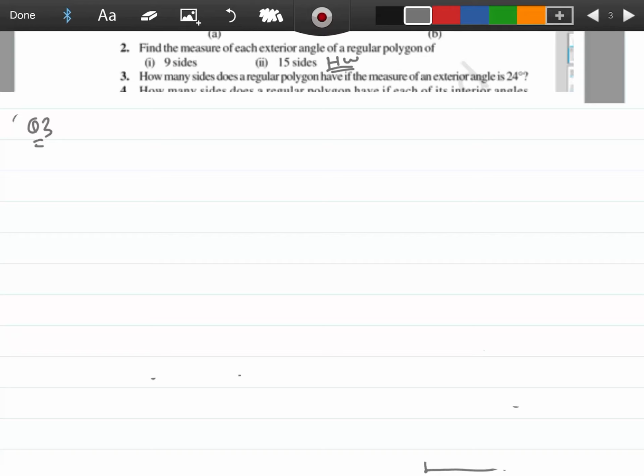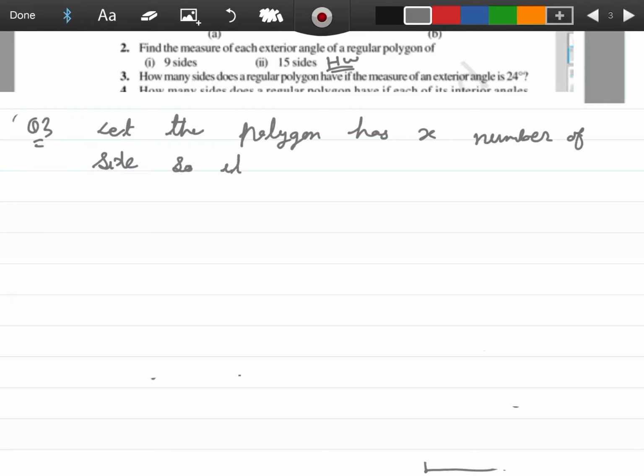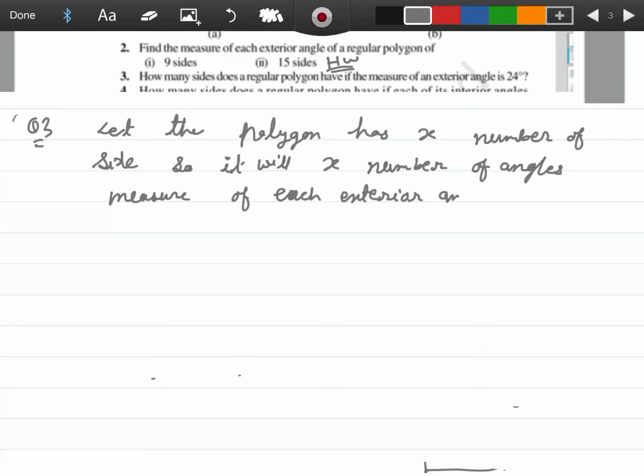So let the polygon have x sides. So it will have x number of angles, and each exterior angle is equal to 24 degrees.